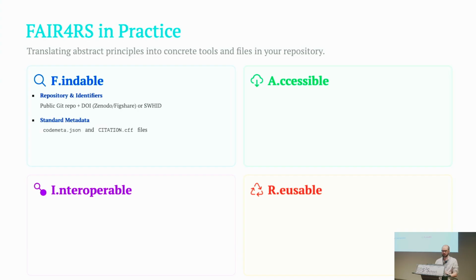For the standard metadata, there are two main metadata schemas or formats that you can use, CodeMeta and citation, and same, we will see that just after. And for indexing, you have all the big registries like Conda Forge or PyPI, or more specific registries in your specific domain, for example, that will help people to find your software.